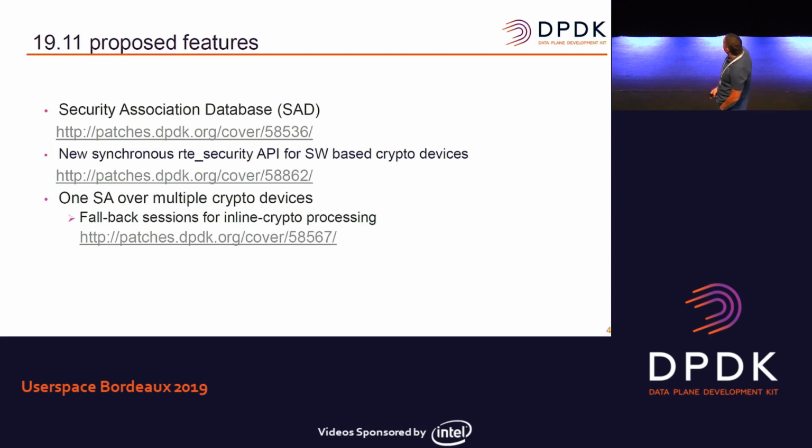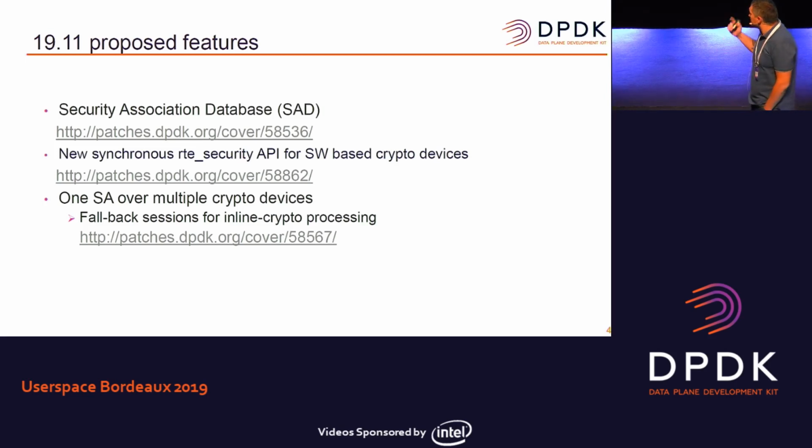We'll see. So the first one is Security Association Database. One of the authors, Vladimir, is our main work force. Second one is driven by Fan, another author who is not here. It's an extension for RT security API for software-based crypto device.